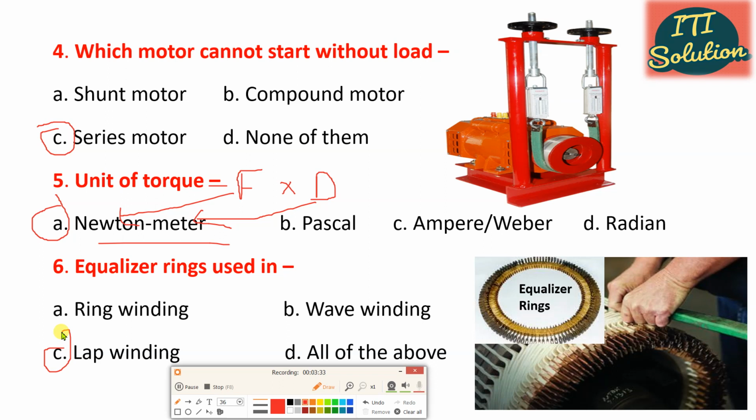The equalizer rings are used in lap winding because there are more parallel paths in lap winding than in wave winding. So to reduce the unequal current distribution at brushes and also reduce the sparking between the carbon brushes and commutator, an equalizer ring is used in lap winding.